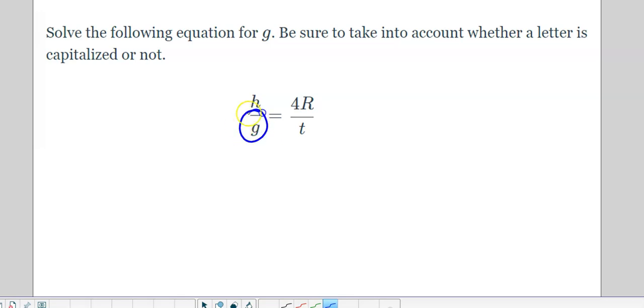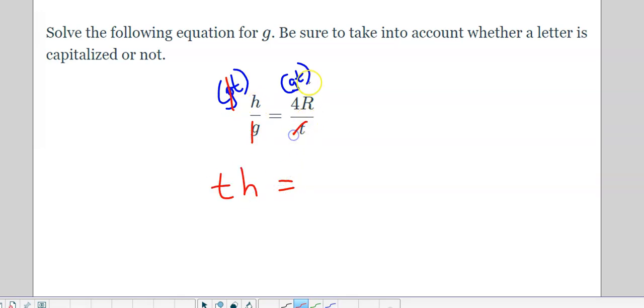I want to get rid of dividing by G, and I want to get rid of dividing by T. So they both are inverses by multiplication, so I'm going to multiply both letters at the same time. I want to multiply both of these quantities by GT. So these G's will cancel, but the T and the H still need to be multiplied. And these T's will cancel, but the G and the 4 capital R still need to be multiplied.